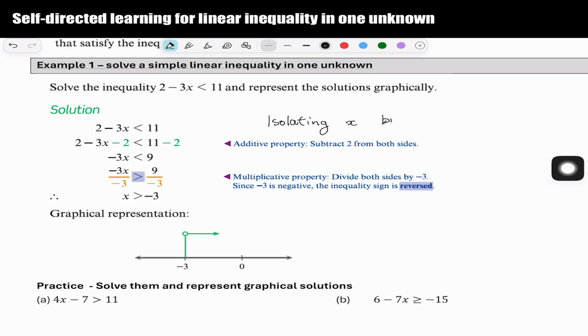But pay attention to the inequality sign. If you multiply or divide by a negative number, then you have to flip the sign.